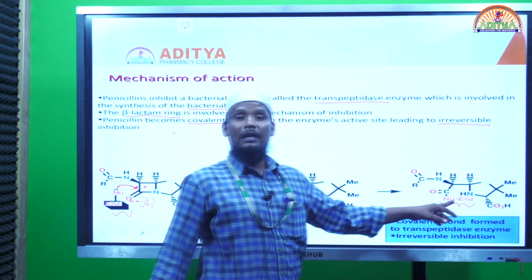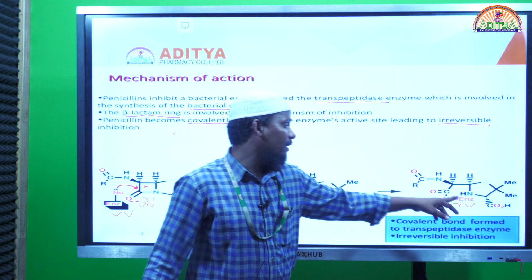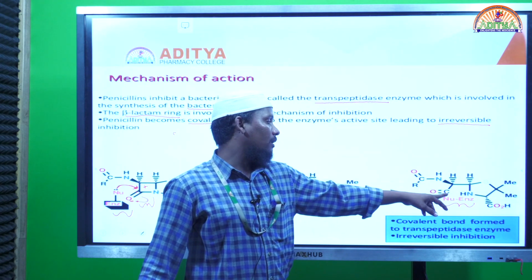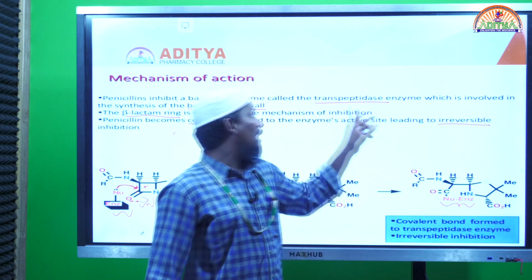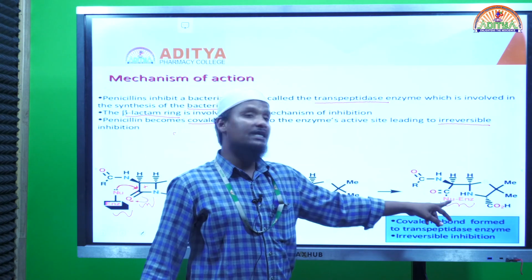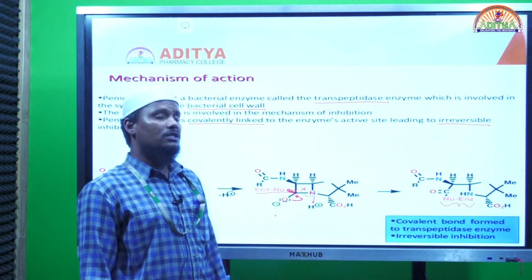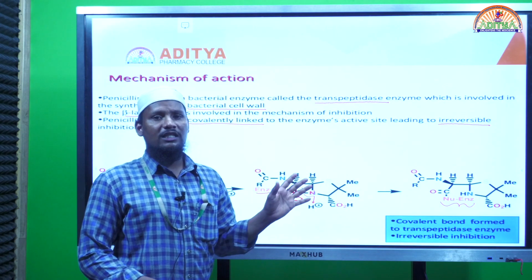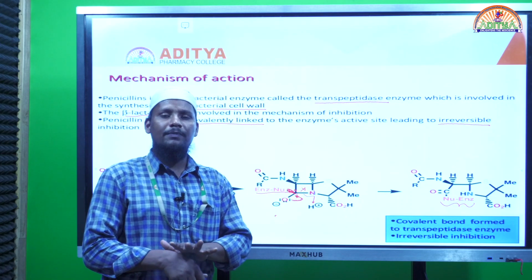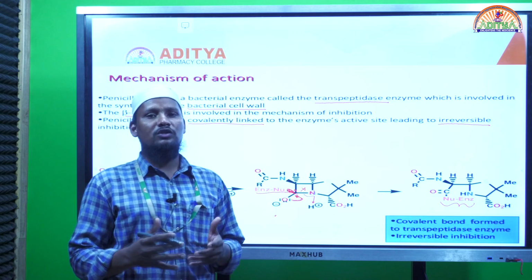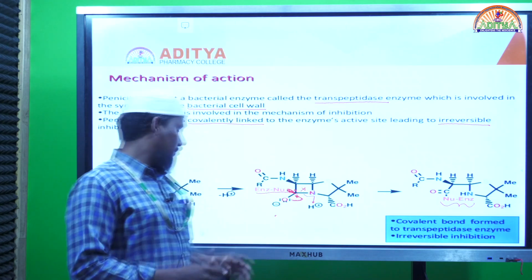The 4-membered lactam ring gets opened and a covalent bond is produced between the 4-membered lactam ring and the transpeptidase enzyme. Thereby it causes the inactivation of the transpeptidase. But we know that the transpeptidase is an essential enzyme for the maintenance of the rigidity of the cell wall. Okay, thank you.